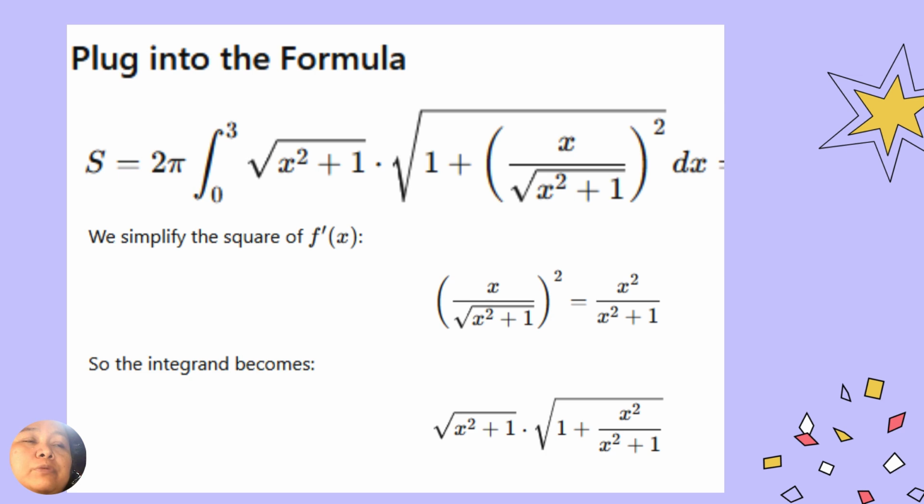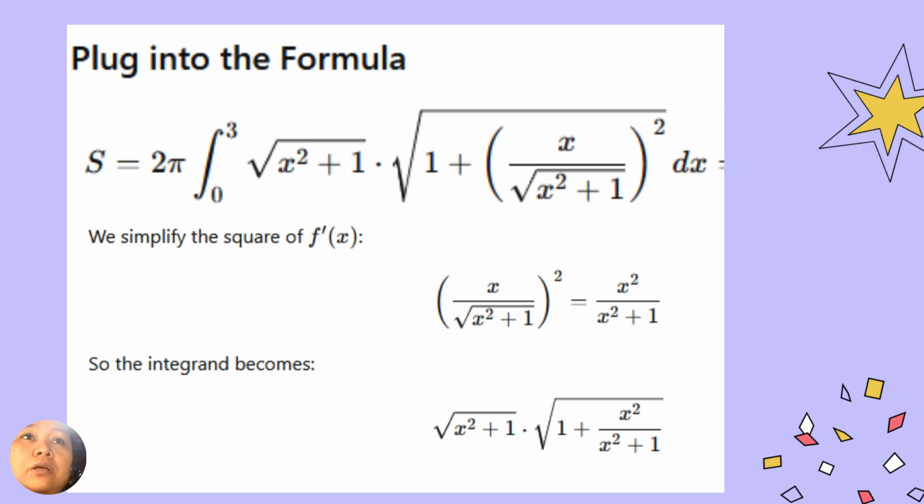Again, our formula is 2 pi integral of the square root of x squared plus 1 times the square root of 1 plus the quantity x over the square root of x squared plus 1, squared, dx from 0 to 3. Now we will first simplify the derivative of f of x inside our square root sign.